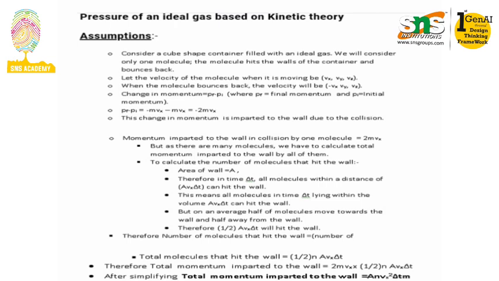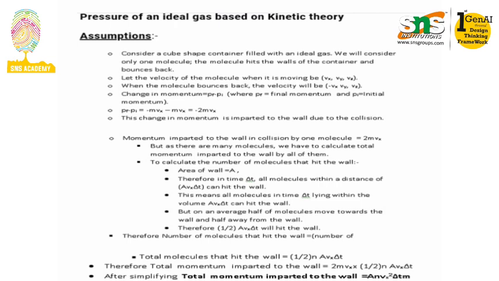To calculate the total number of molecules that hit the wall, the area of the wall should be considered, and you also have to consider the time. All molecules within the distance of Vx into delta T can hit the wall. This means all molecules lying within the volume A Vx delta T can hit the wall, but on average half of the molecules move towards the wall and half away from the wall.